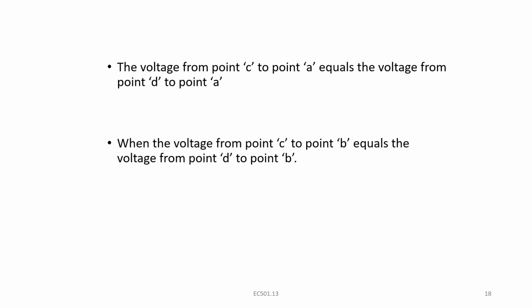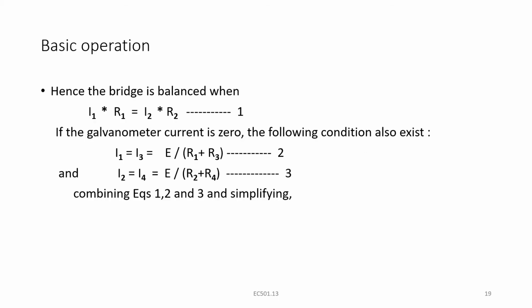The voltage from point C to point A equals the voltage from point D to point A. When the voltage from point C to point B equals the voltage from point D to point B, then there is no current flowing in the null indicator. The bridge is said to be balanced.